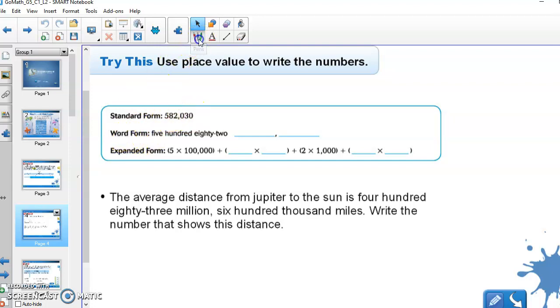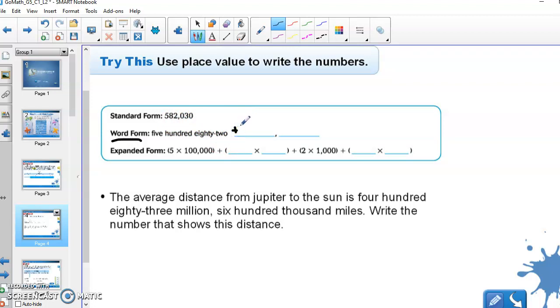All right, so one other form to write that number besides standard form would be something called word form. And you can see that right here. They started to write this number in word form for me. Of course, word form means we are going to write everything using words. So we got 582. Now I know that that's thousand, so the next thing I'm going to write is thousand.